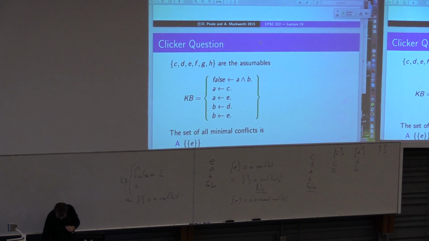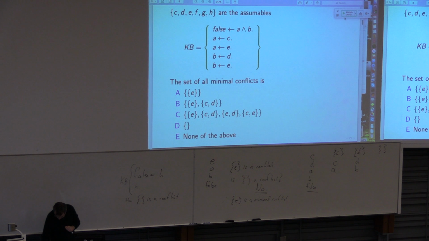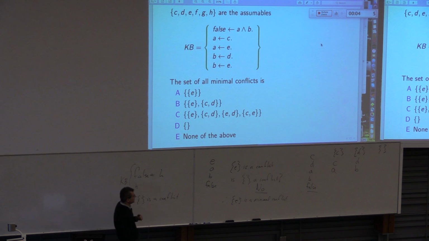All right. I think it's the last question. And now we're asking what's the set of all minimal conflicts? So remember, a conflict is a set, so we're asking for a set of sets. What's the set of all minimal conflicts?